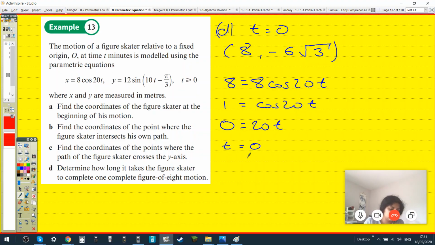Wouldn't it be t equals 0 or t equals pi over 10? That's what I got. Or t equals, what was it? Pi over 10.